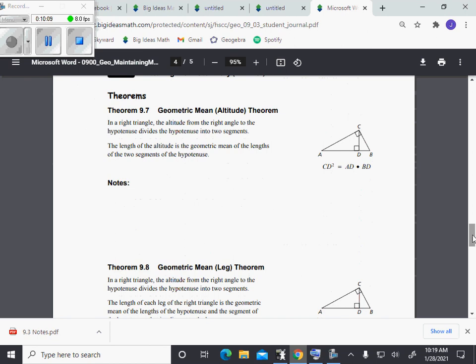In a right triangle, the altitude from the right angle to the hypotenuse divides the hypotenuse into two segments. Okay, so here's my altitude CD. It breaks it into this part and this part. And CD equals AD, so this length, times BD. So CD squared equals AD times BD.